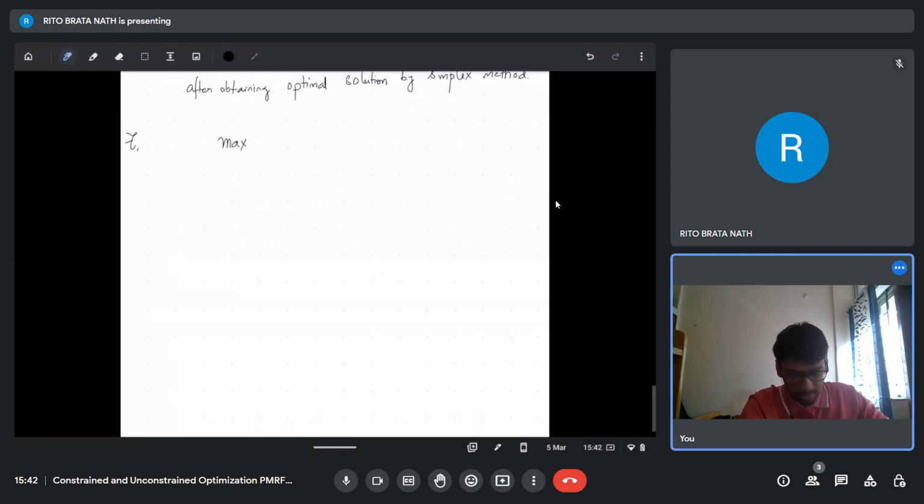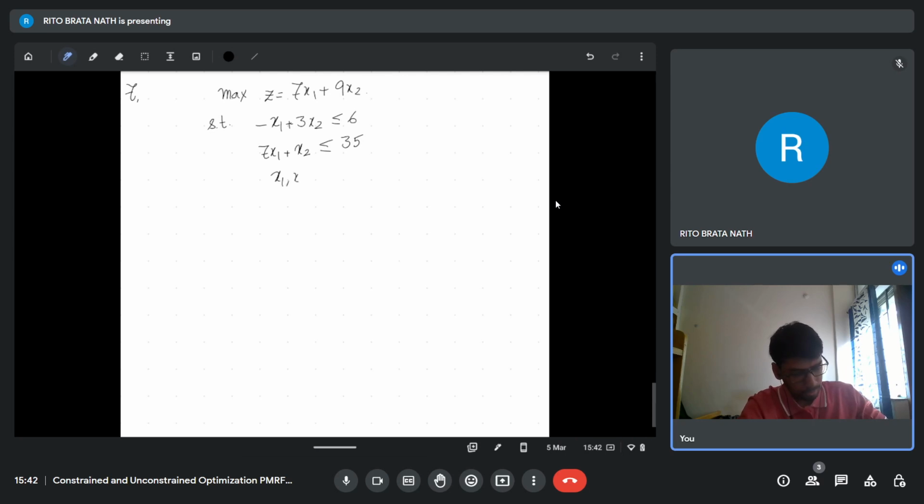So this is max of z equals 7x1 plus 9x2 subjected to minus x1 plus 3x2 less than or equal to 6, 7x1 plus x2 less than or equal to 35, x1 and x2 are positive and also they are integers.